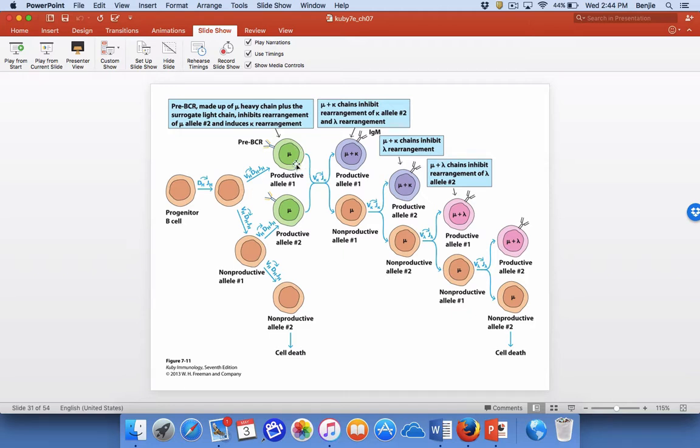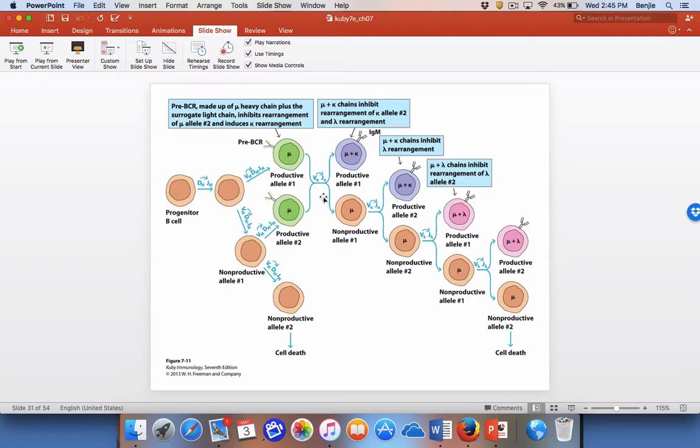If it expresses one and it's productive, then it won't express the other one. So it shuts off that process. And then it can move on to the light chain events that occur over here. If it happens to produce a non-productive allele 1, then it has the chance at producing the other allele, the paternal or whatever allele it is, and producing a productive cell. If both alleles fail, you get non-productive alleles in both cases, then that cell goes through apoptosis and dies. So it's a selective process.